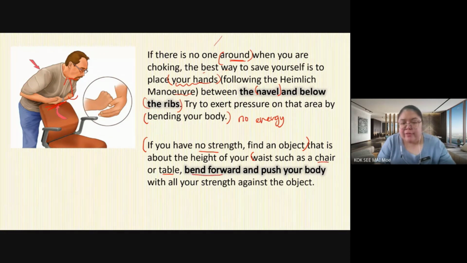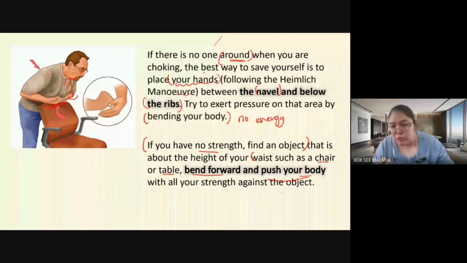Then you bend forward, putting all your strength against the object. Now you push to jerk yourself up. The chair will support you and not let you fall down. So this is an emergency process you need to know how to do when you are alone. This is the process for the Heimlich maneuver when you are choking.